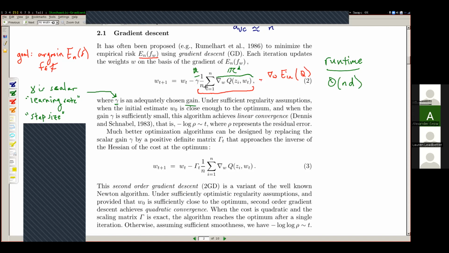The n comes from this summation right here. There are n different things that we're summing together, and the d comes from the fact that they're d-dimensional vectors that we're working with. Any questions about that?